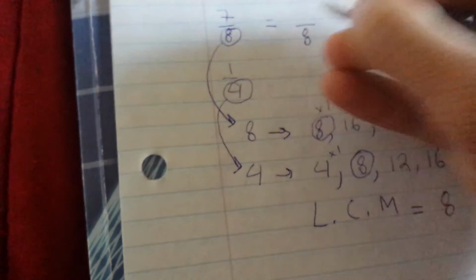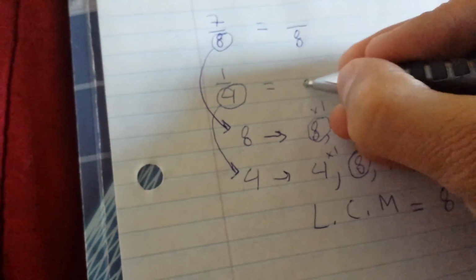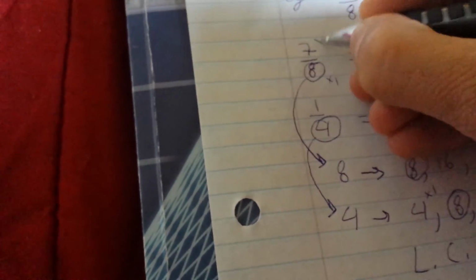Okay, so the lowest common multiple between 8 and 4 is 8. So to go back to our two fractions in our question, we can keep the 8 here. The common denominator between the two fractions will be the lowest common multiple, 8. To get 8 here, I did 8 times 1 and 7 times 1, so this stays the same.